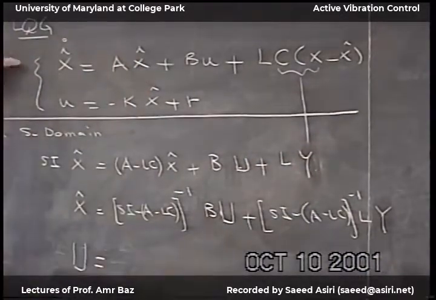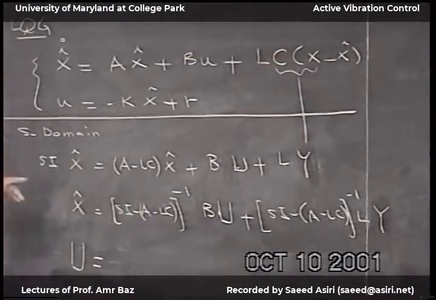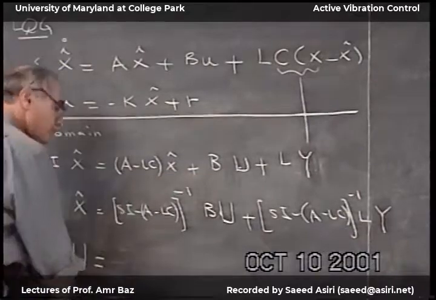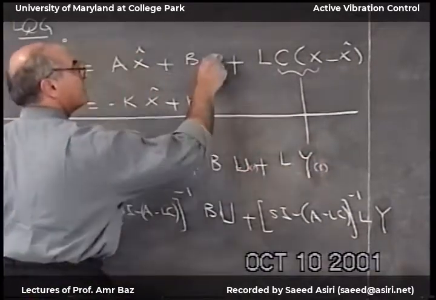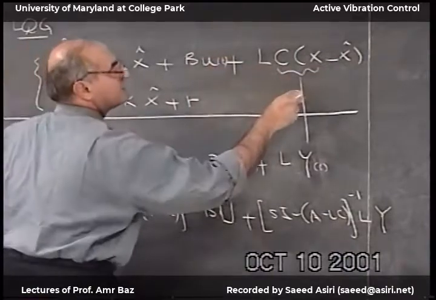This is the time domain, and then now I'm going in the Laplace domain. So all these are U of s, Y of s, and these are u of t and y of t.